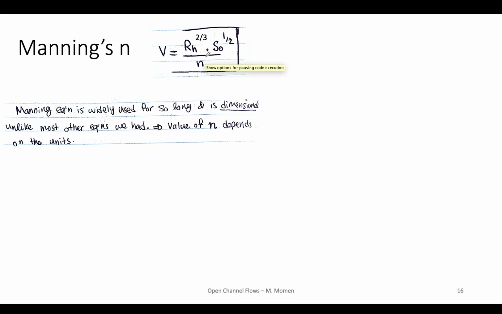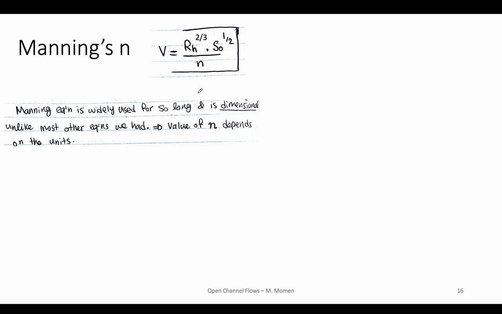And Manning's equation is a very famous and widely used equation in hydraulic engineering. It's been used for so long, and as you can see here, it's in dimensional form.